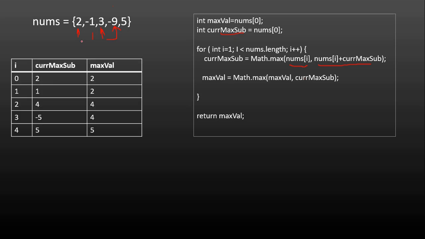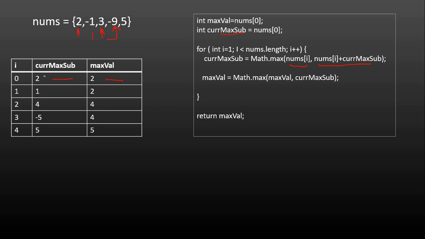So here, in this case first I is 0, so first I am assigning the first element in the array to my maxwell and my current max sub, current maximum sub array. So initially it will be 2. In this case the first element is 2, so both the values will be 2. Now I is 1, so my current max sub will be whatever is my current element, which is -1, or it will be -1 plus my current max sub.